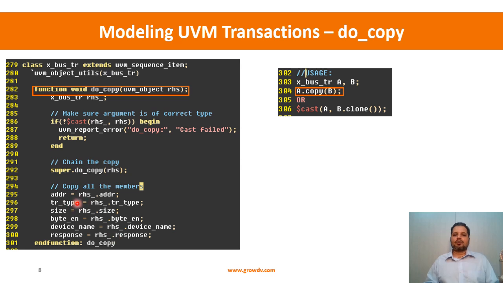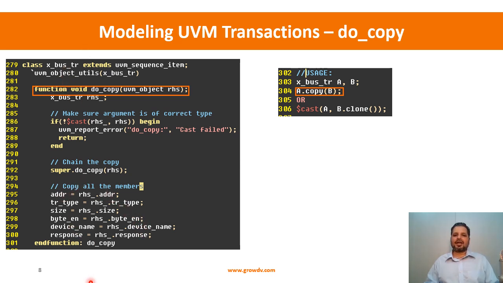Now what we are simply going to do is copy the corresponding properties from the RHS underscore handle, because after the cast we would have assigned it to the RHS underscore handle. So from that derived class handle we are going to access those properties and copy them to the current class, right?